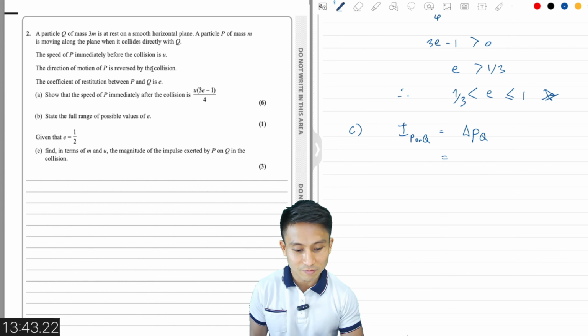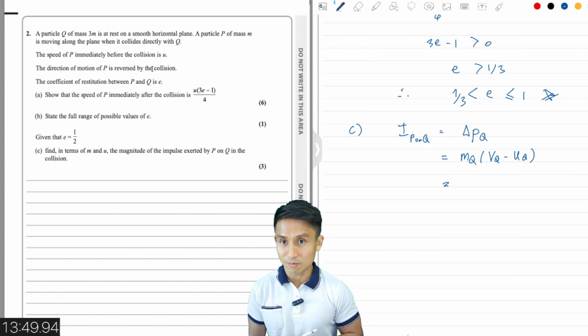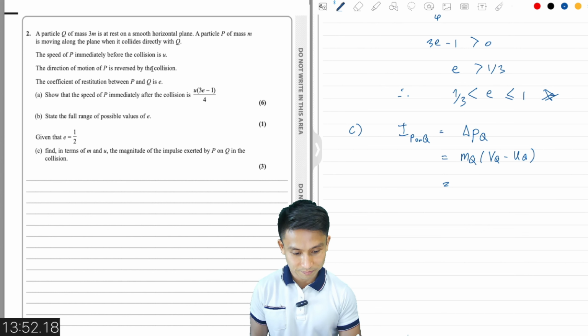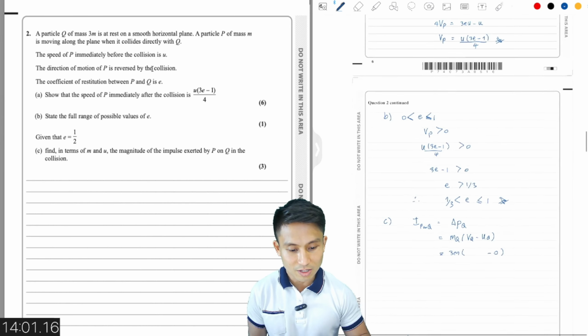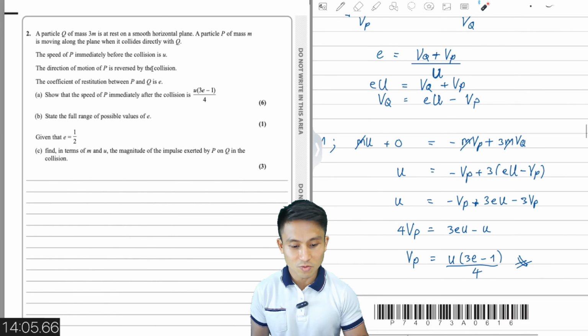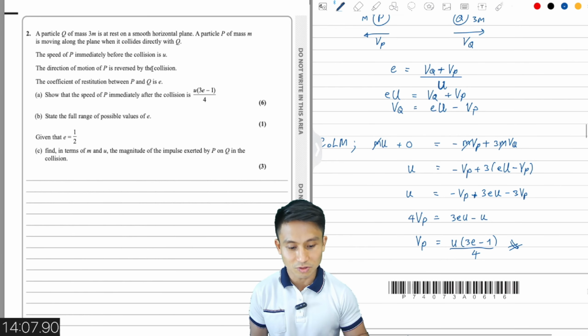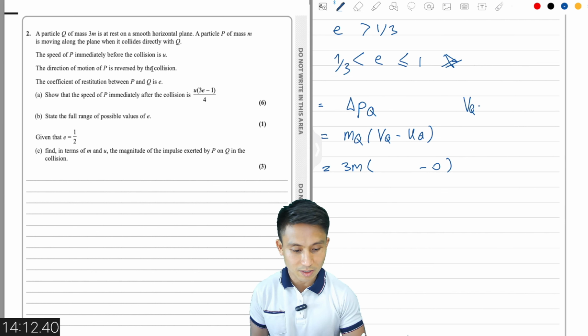And the change in momentum of Q will just be mq times vq minus uq, and mq was given to be 3m. uq for sure is 0 before the collision. Now vq is just eu minus vp, so vq equals e times u minus vp.